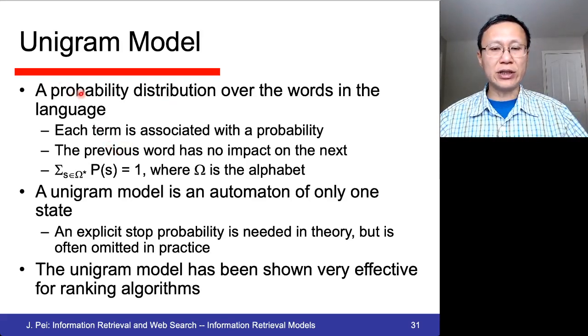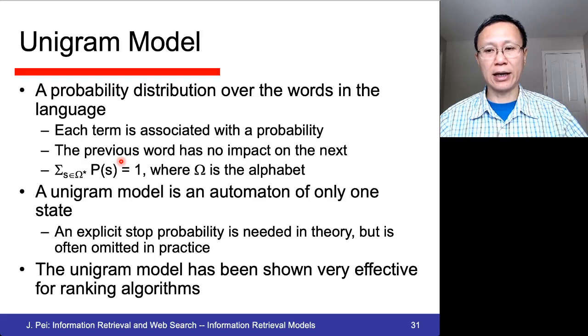In order to use this unigram model, we make an assumption that the previous word should have no impact on the next. In other words, we assume that a document is a set of words, and those words happen independently.